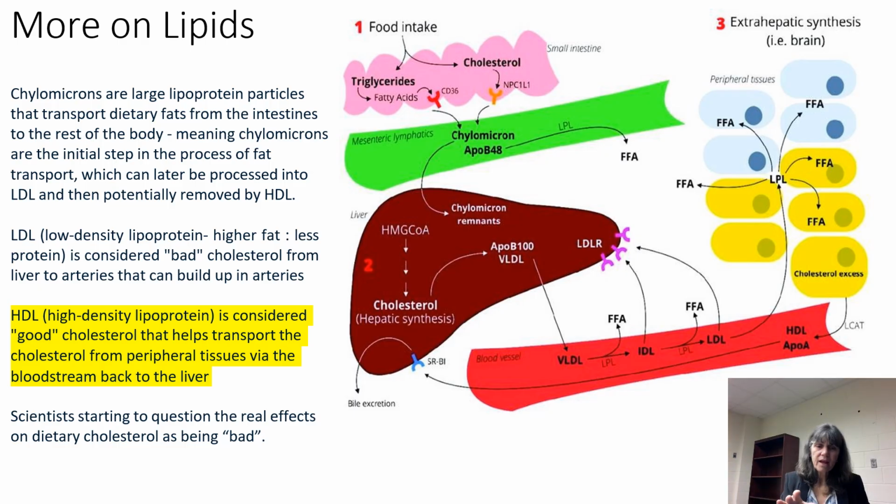And again, scientists are really starting to question the real effects of the LDL and the effects of dietary cholesterol as being bad. More scientific articles are showing that cholesterol is very, very necessary in dietary form. Even though we can produce it in our bodies, it's becoming more and more prevalent that we need to eat cholesterol.